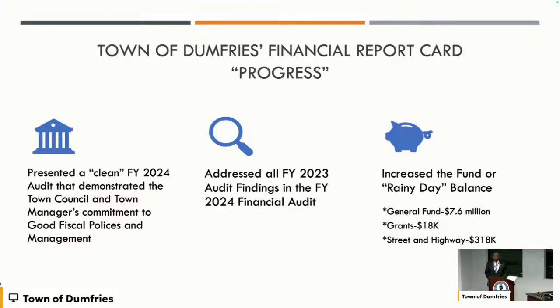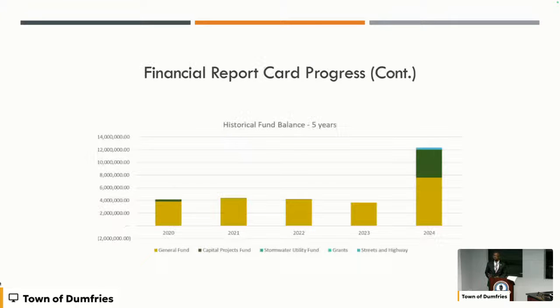Overall, this shows that the town is operating financially well and moving forward in progress. This chart shows visibly the growth of the rainy day fund between 2023 and 2024. The chart shows the progress the town has made under the current leadership team.